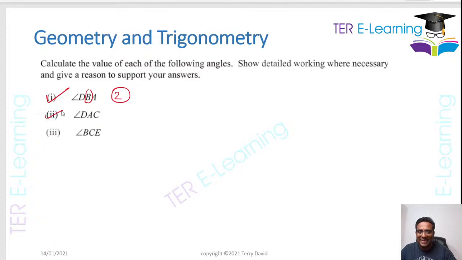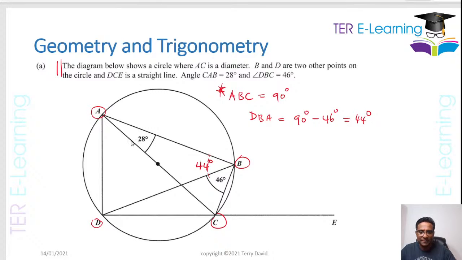Next one, they want DAC. So where is DAC? DAC is this angle here. That's what they want here. Now, there are different rules, right, guys? So look at something here. In order to form DAC, we must use the point D, we must use the point C, and obviously we're using A, so the angle is at A. But if you look carefully, if we use the same point D and the same point C, and I come to the circumference of the circle, I am getting this angle here, which is 46 degrees.